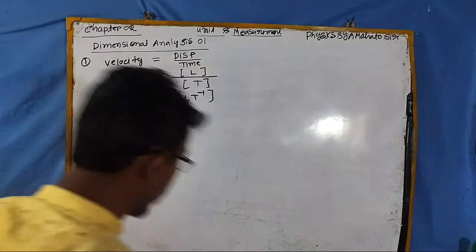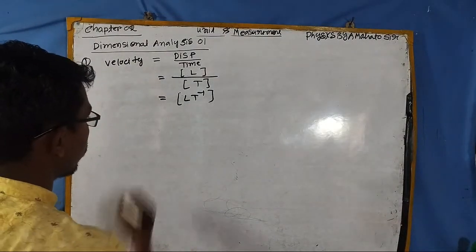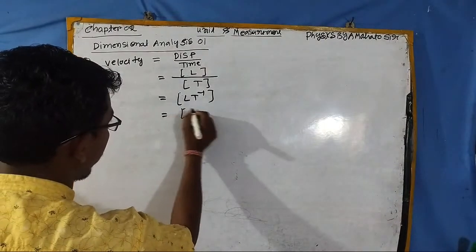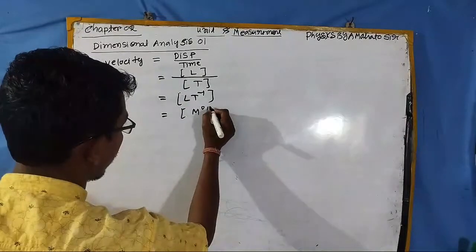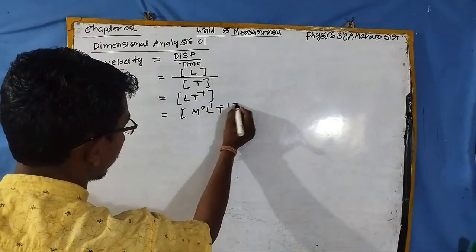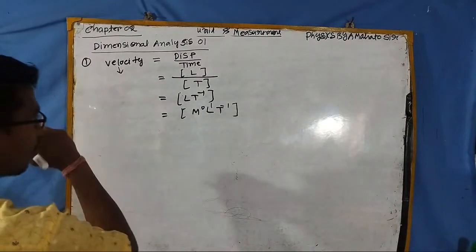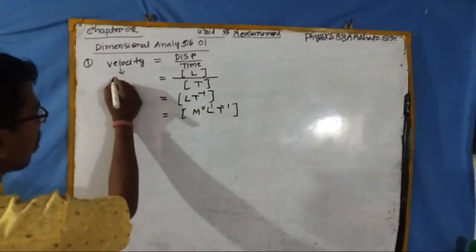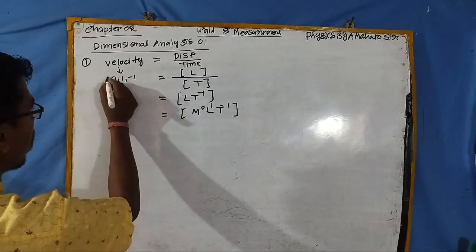Here mass is absent, so we write M0 L1 T minus 1. So the velocity dimension is M0 L1 T minus 1.